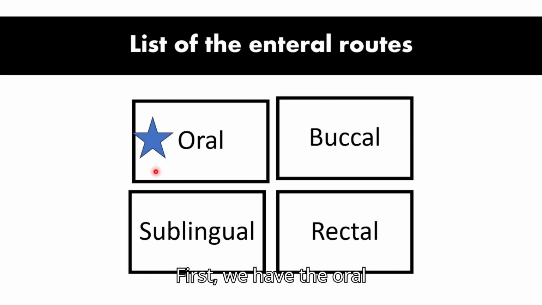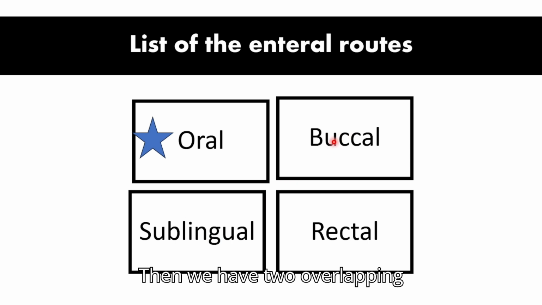First, we have the oral route where the drug is administered through the mouth. Next we have rectal, where the drug is inserted into the rectum for a systemic effect.